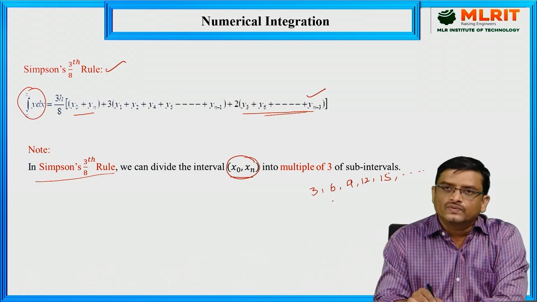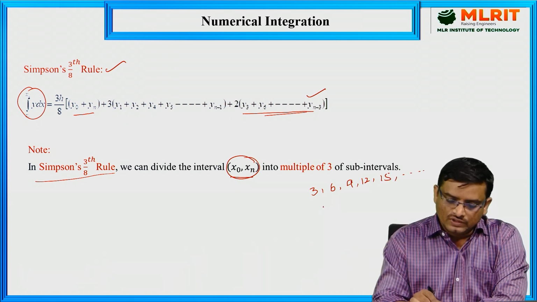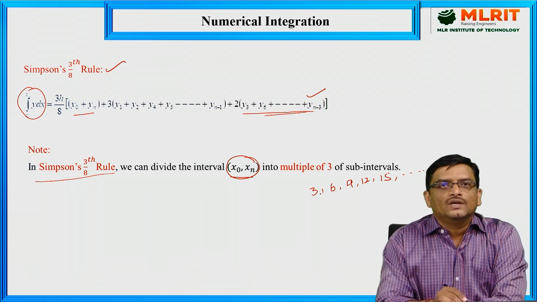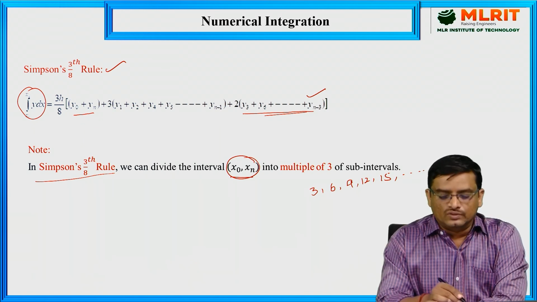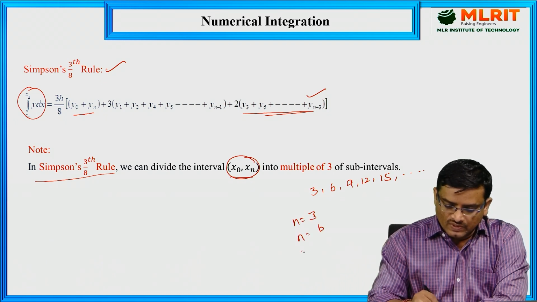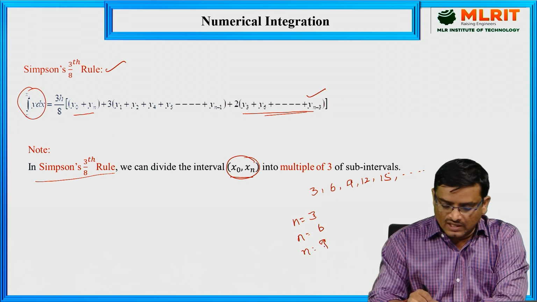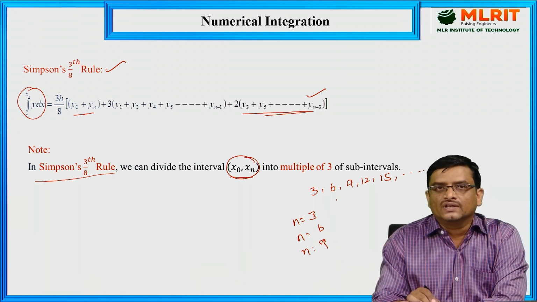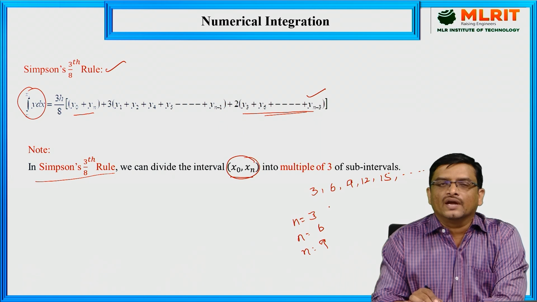So we can take n equal to 3, 6, 9 and so on. These n values must be a multiple of 3 in Simpson's 3/8 rule.